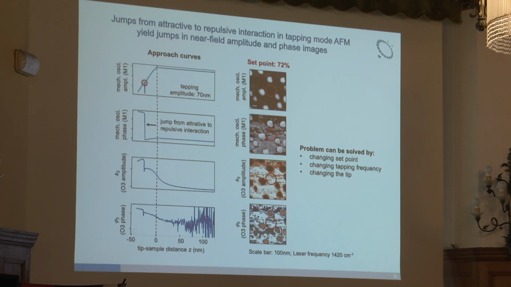Because of the attraction, the tip returning point is a little bit above the sample, 1 or 2 nanometers. But once we come into repulsion, the tip hits the surface and goes a little bit closer to the surface, 1 or 2 nanometers. So the tip comes closer to the sample surface. Is that more or less correct? Yeah, exactly. That's the reason why the tapping amplitude gets a bit larger. But there are many things that happen.